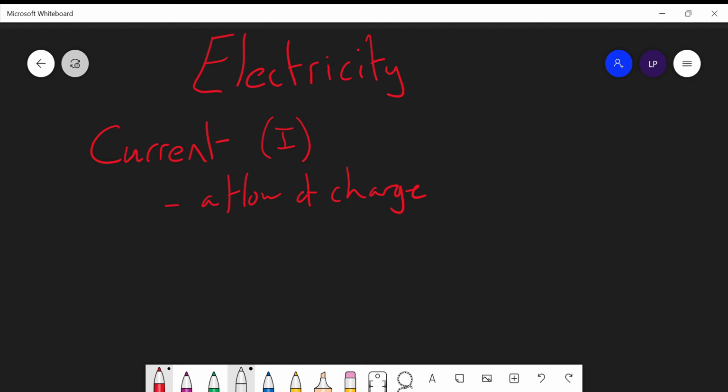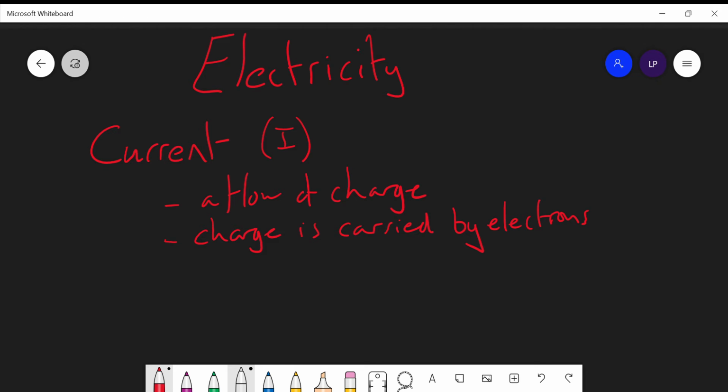And in wires, because they are metal, the charge is carried by the electrons, and so the metals are very good conductors because they have these mobile electrons that are able to carry the charge and allow the flow of current.